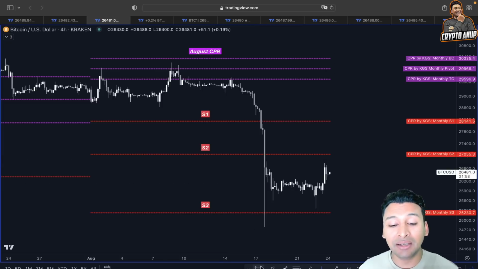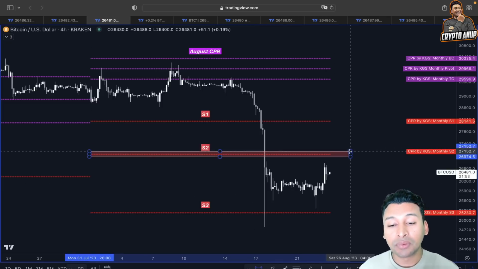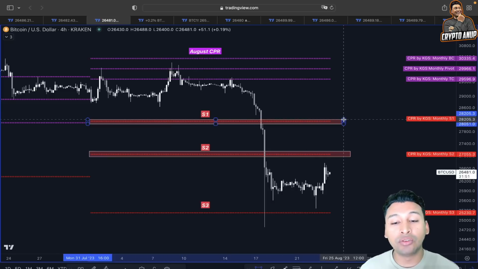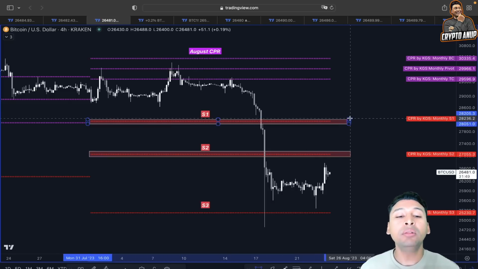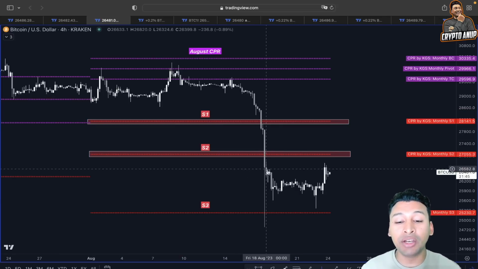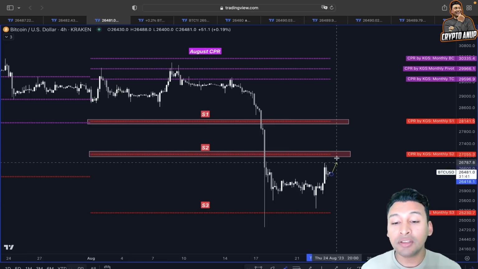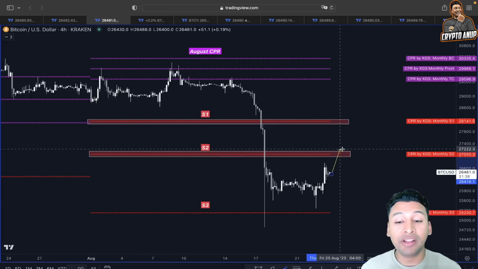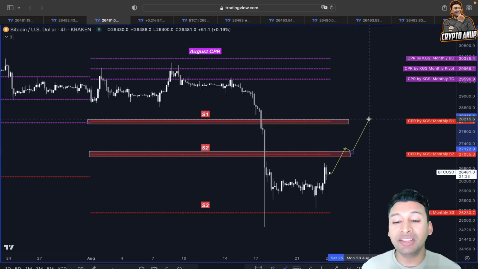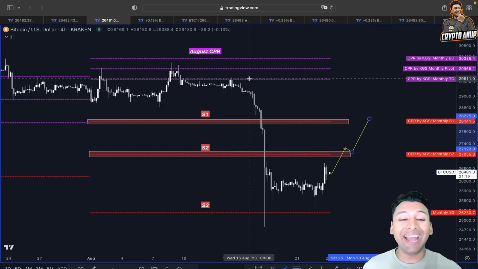That means the line here above around 27,000 and even this S1 around 28,000 will be looked at as a line of resistance. Yes guys, since the price of Bitcoin is below this key line, this is going to be a line of resistance.